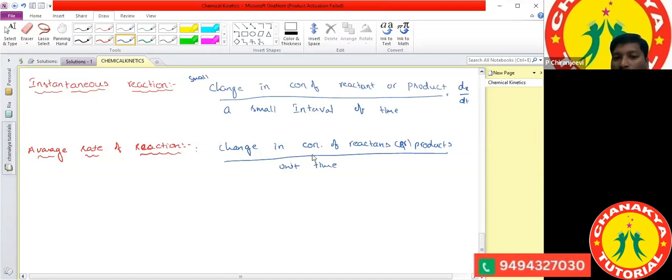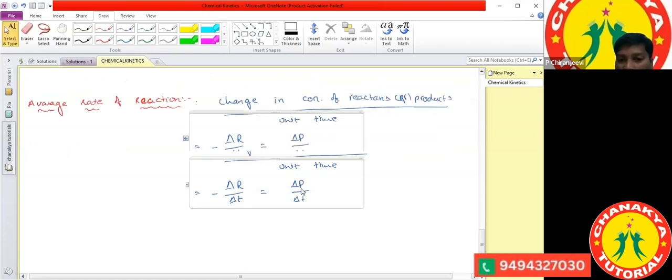How are we going to represent the average rate of reaction? Here, delta R divided by delta T. Delta R divided by delta T can be represented with the minus, which is equal to delta P by delta T. This we can represent in a graph also.